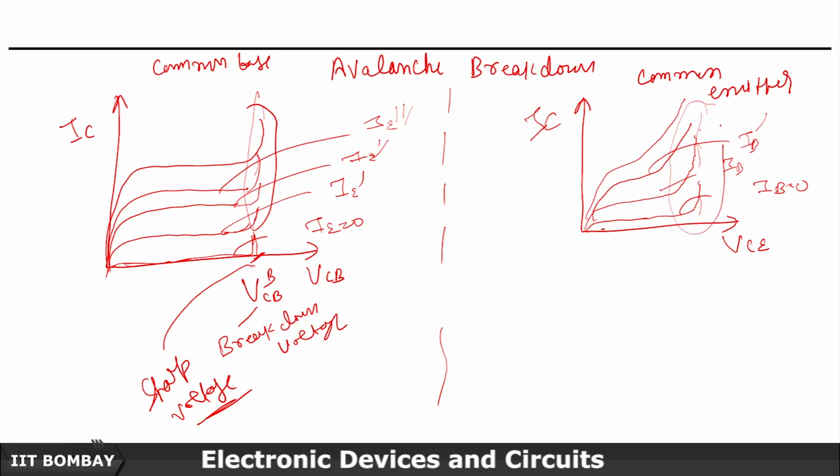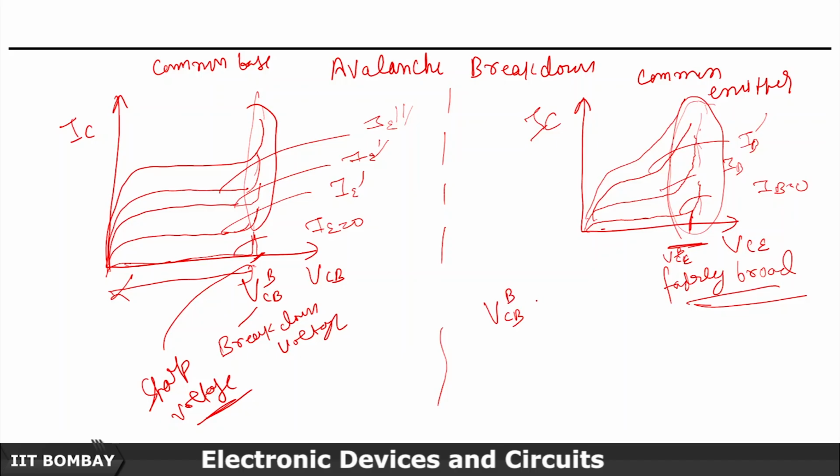You can see that this breakdown region here is not sharp, it is fairly broad, unlike here, where there is a very sharp breakdown voltage. Another interesting thing to keep in mind: this breakdown voltage here, VCB, is larger than VCEB.